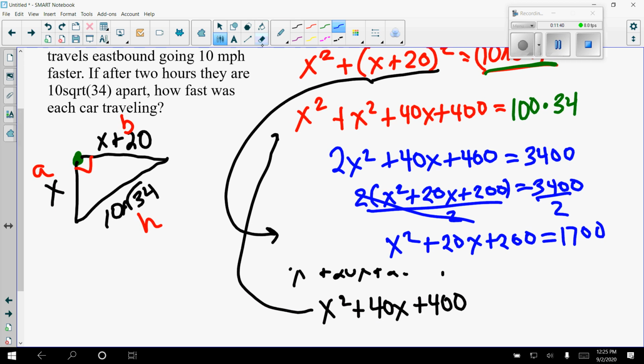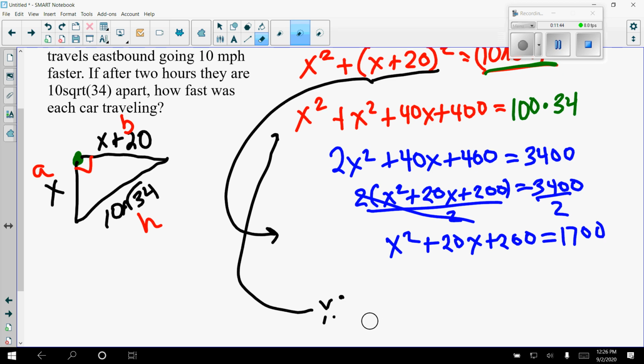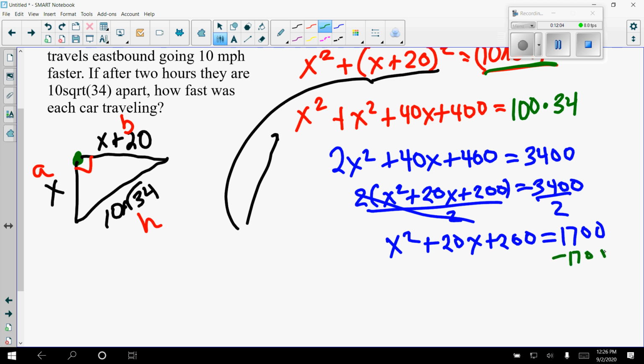I'm going to come back and erase the rest of this, so it's not confusing more than I already have. Now again, another thing that's weird. I got to factor this now. Actually, before I factor, I can't solve an equation just normally because I have an x squared and I have an x. So I'm going to subtract and set everything equal to 0.